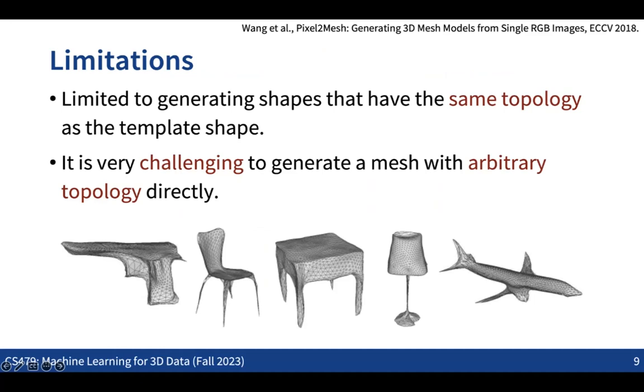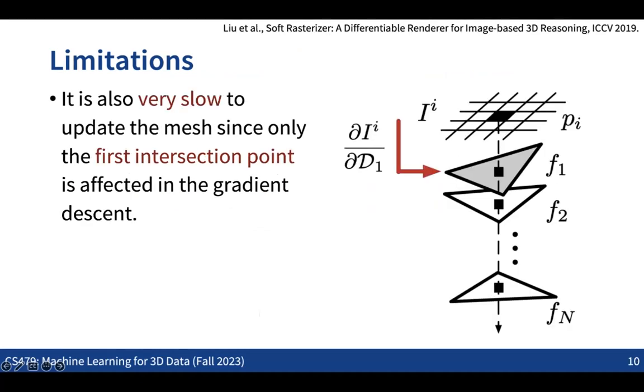And what we also briefly discussed last time is that the update through gradient descent would also be very slow, because we are only able to update the first intersection point of the ray and the 3D shape.